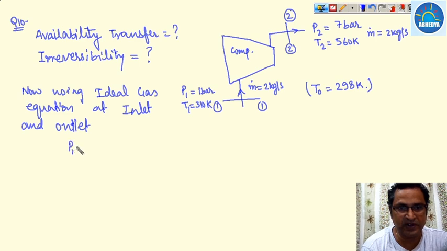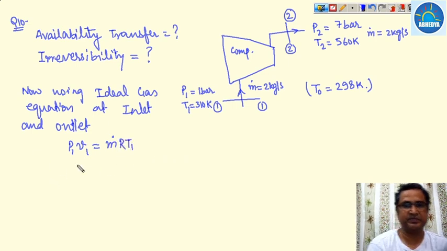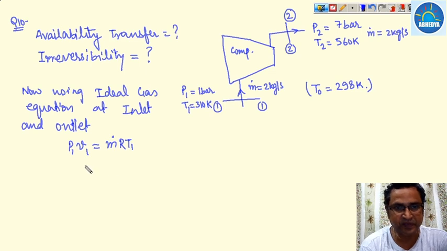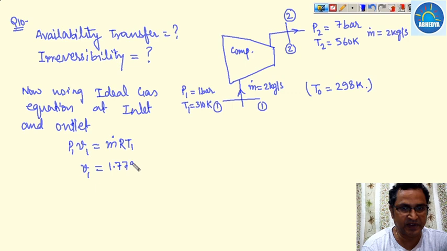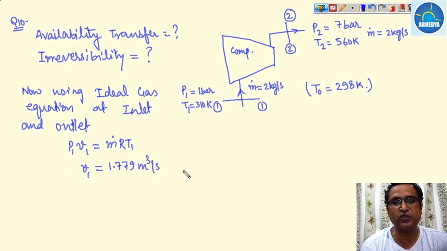So P1 V1 is equal to m dot R T1. Once you put in all the values, V1 comes out to be 1.779 meter cube per second. This is the volume flow rate of the air at the inlet condition.